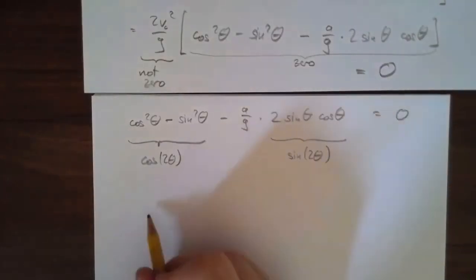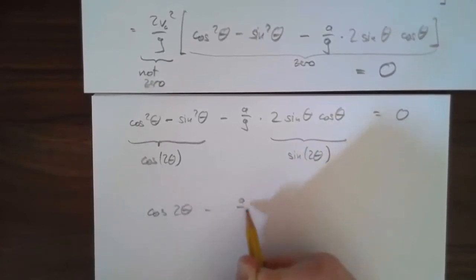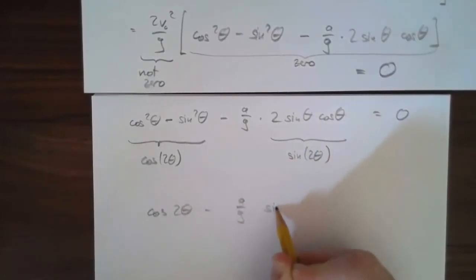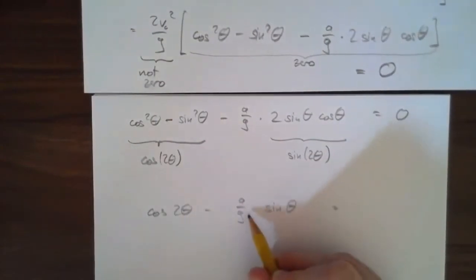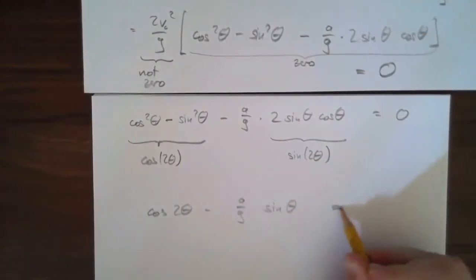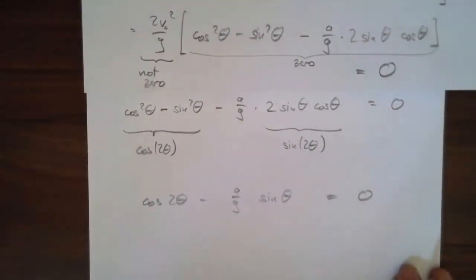So now what we have is that cosine of 2 theta minus a over g times sine 2 theta is equal to 0. Well, that's easy to rearrange.